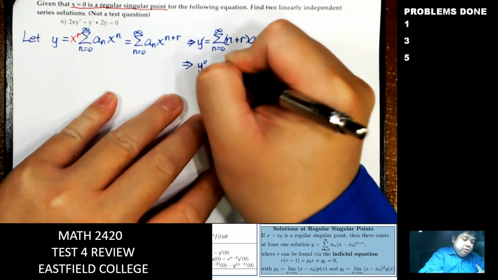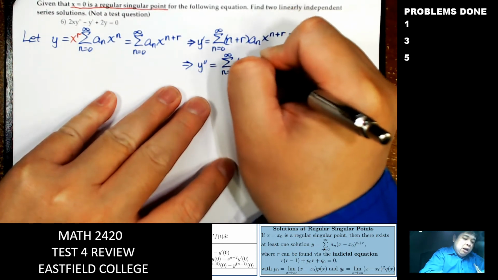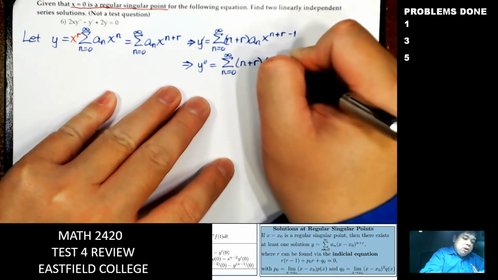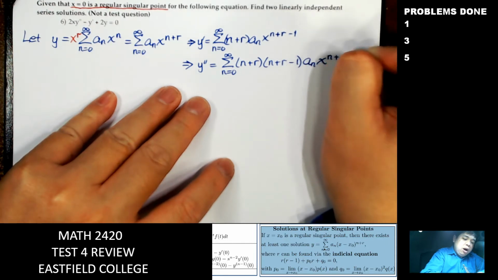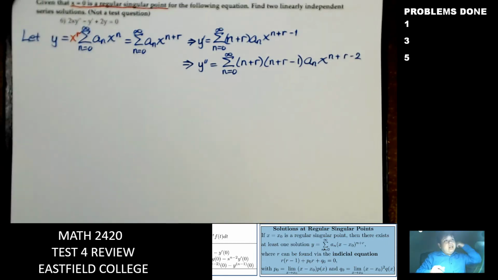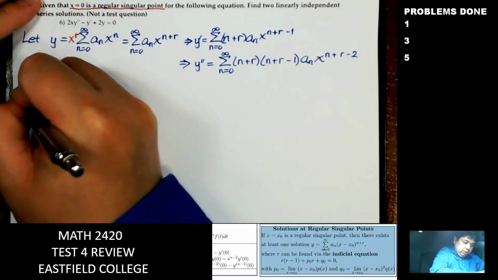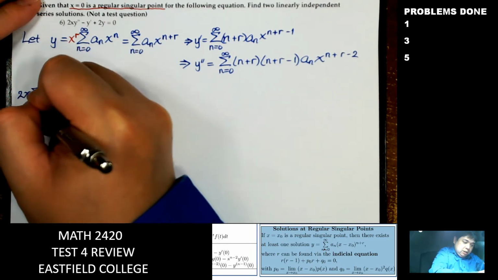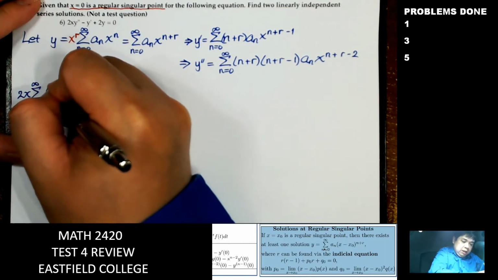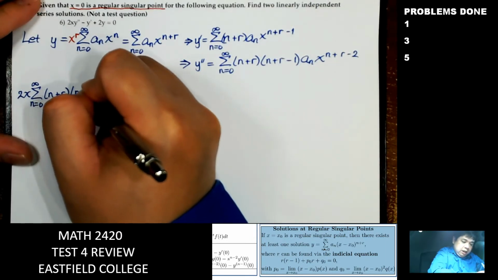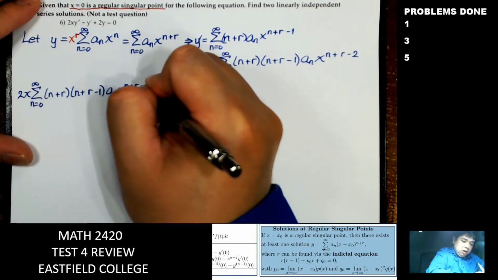So the second derivative still goes from 0 to infinity, n plus r times n plus r minus 1, a n x to the n plus r minus 2. I put everything into the equation. So we have 2x times the second derivative, sum n equal to 0 to infinity of n plus r times n plus r minus 1 a n x to the n plus r minus 2.